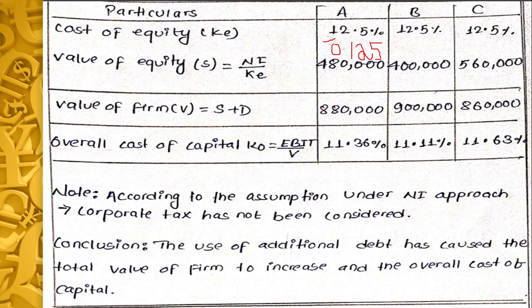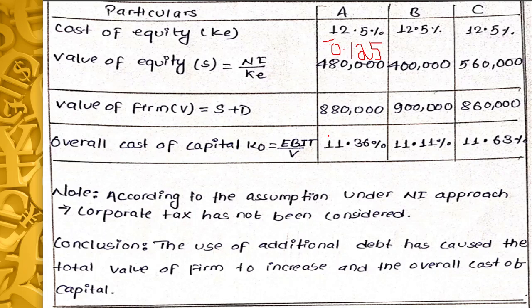The value of the firm stands at 8,80,000, 9 lakh and 8,60,000 respectively for situations A, B and C. Speaking of the overall cost of capital, we can calculate it by dividing earnings before tax by the value of the firm and multiplying by 100.